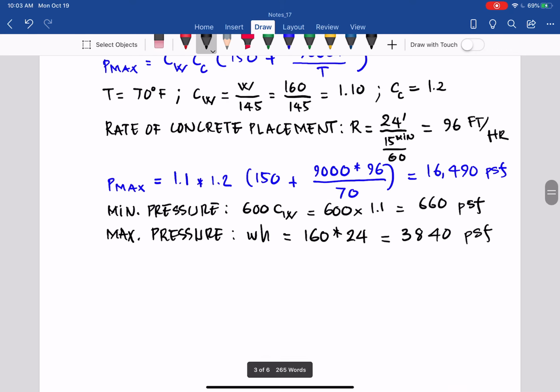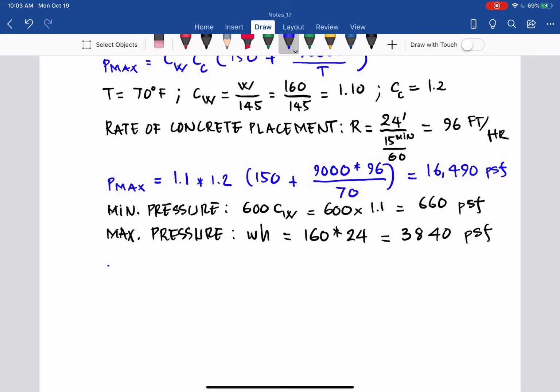So what does that mean? It means that the maximum pressure is less than the calculated Pmax, so Pmax has to be equal to the maximum pressure, 3,840. It cannot exceed that.